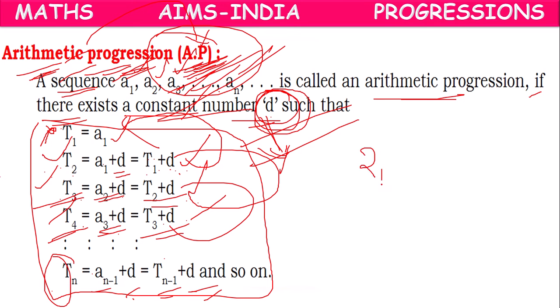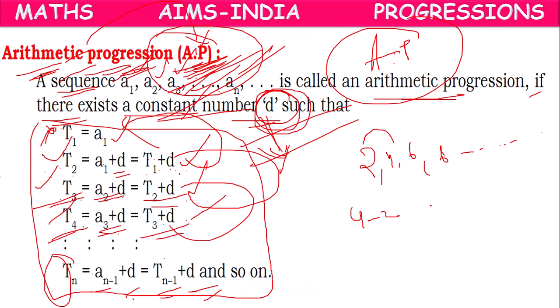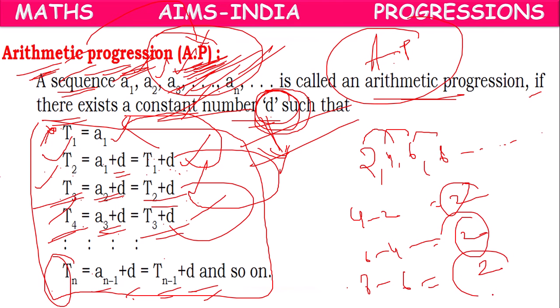Suppose we have a sequence 2, 4, 6, 8 and we want to check whether it is in AP or not, whether it is an arithmetic progression or not. If we take the difference of any two terms, 4 minus 2 is 2, 6 minus 4 is 2, 8 minus 6 is 2. The difference between any two consecutive terms is common.